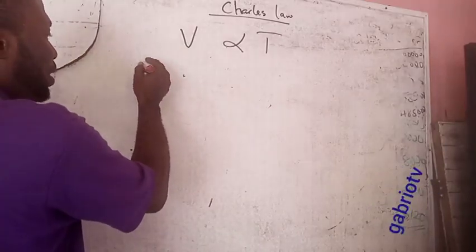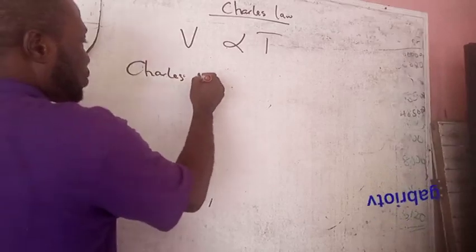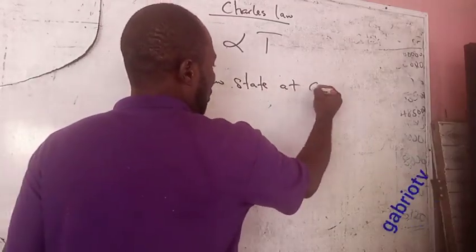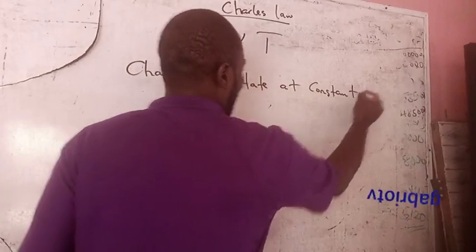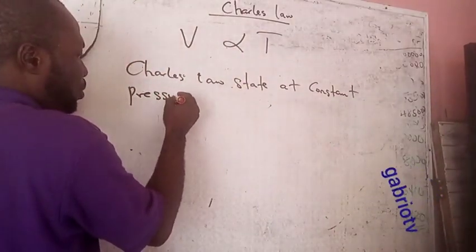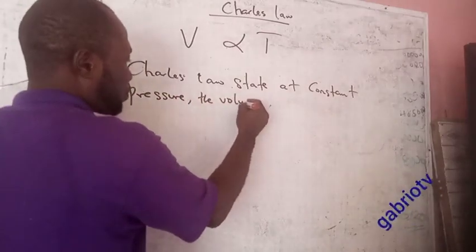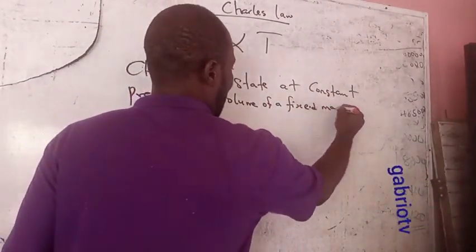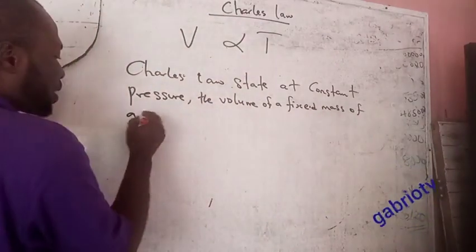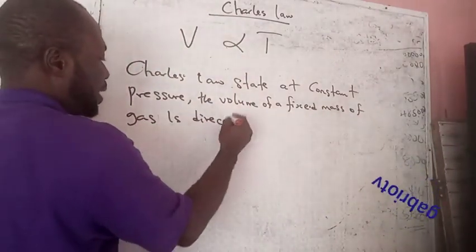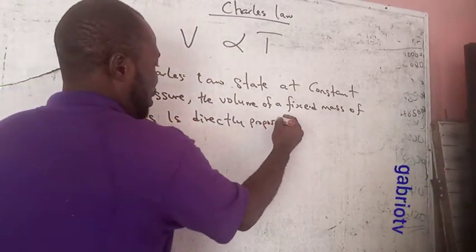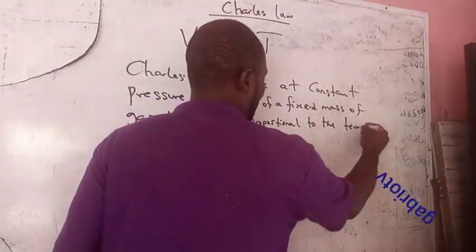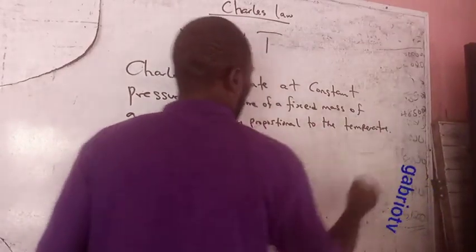Charles law states that at constant pressure, the volume of a fixed mass of gas is directly proportional to the temperature. Directly proportional to the temperature.